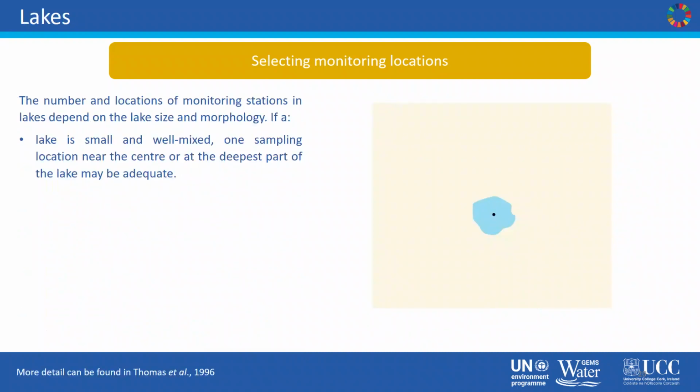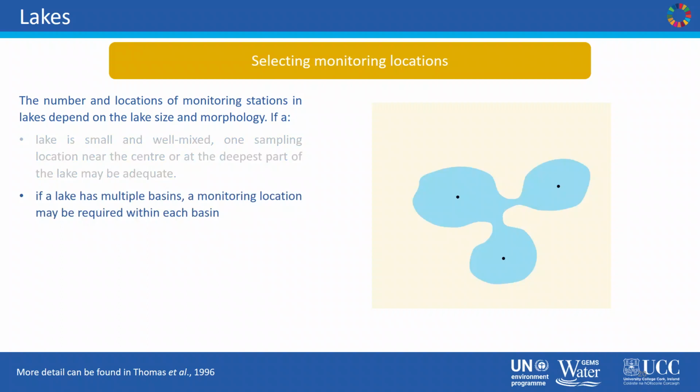Moving on to lakes, selecting monitoring stations for lakes. The number and locations of monitoring stations in lakes depends on the size of the lake and also its morphology. If a lake is small and well mixed, one sampling location near the centre or at the deepest part of the lake may be adequate.